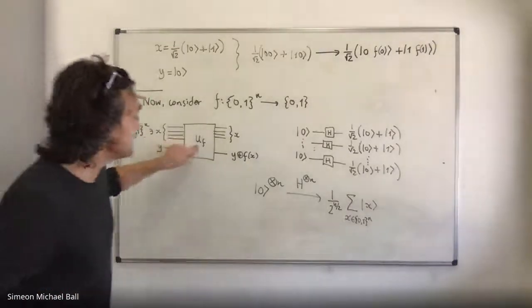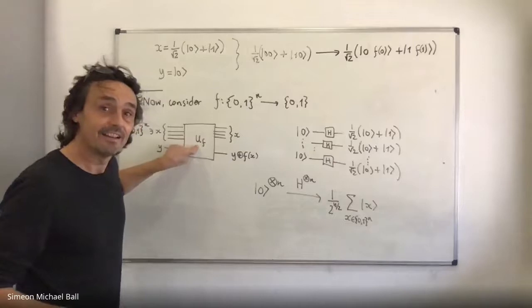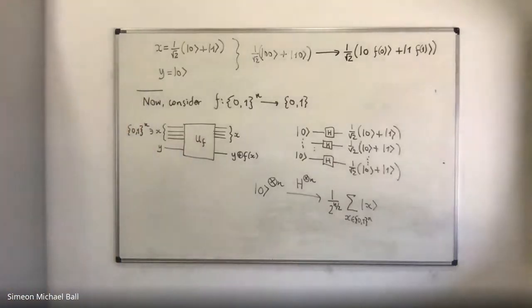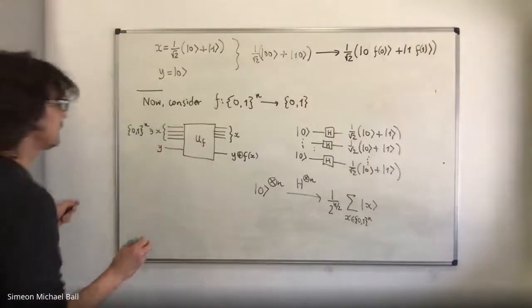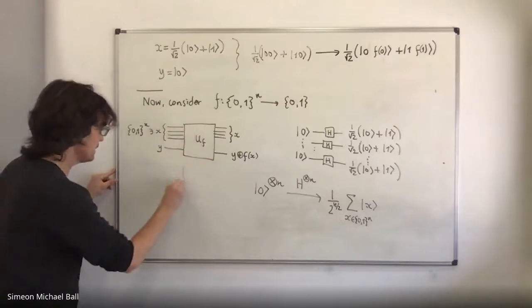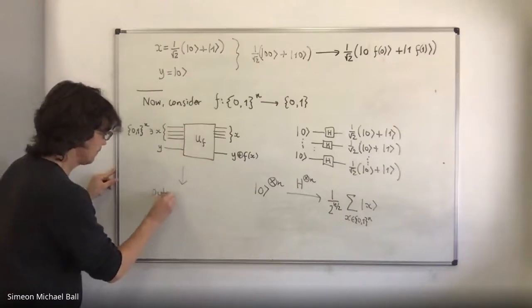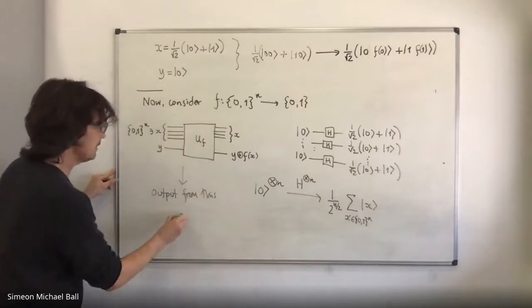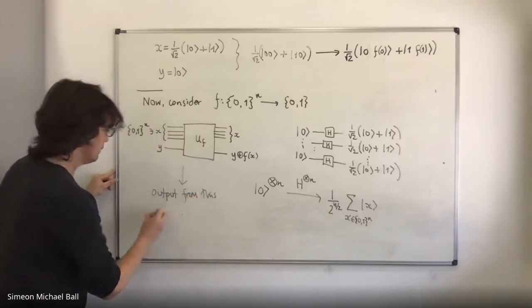So then we feed it into UF, and what we end up with is the sum. So the output from this is this.